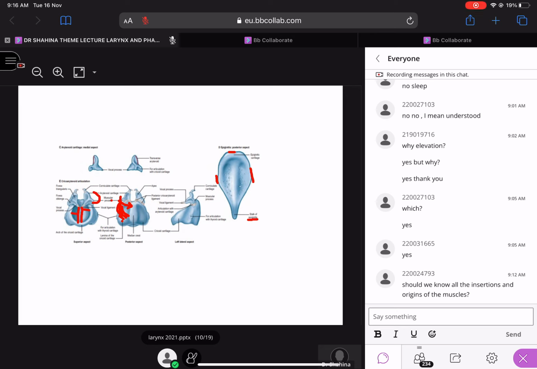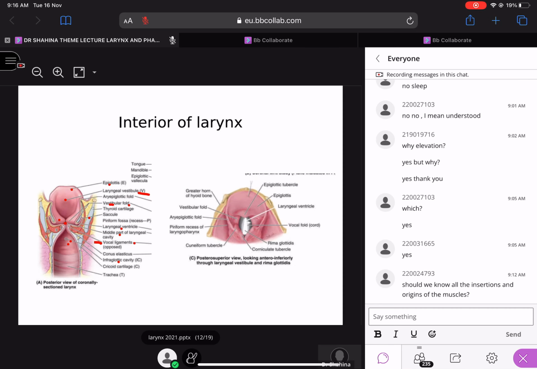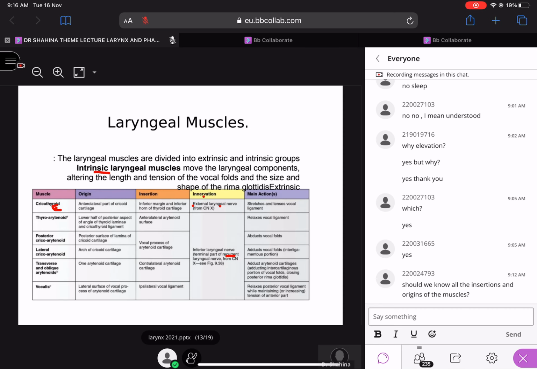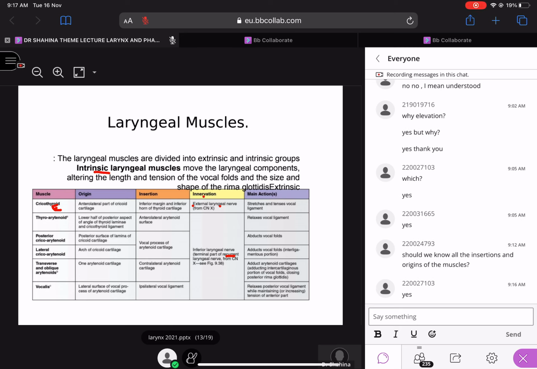So this will be abduction of the vocal cords. Posterior cricoarytenoid is producing abduction of the vocal cord. Got it, guys? Clear? Okay.